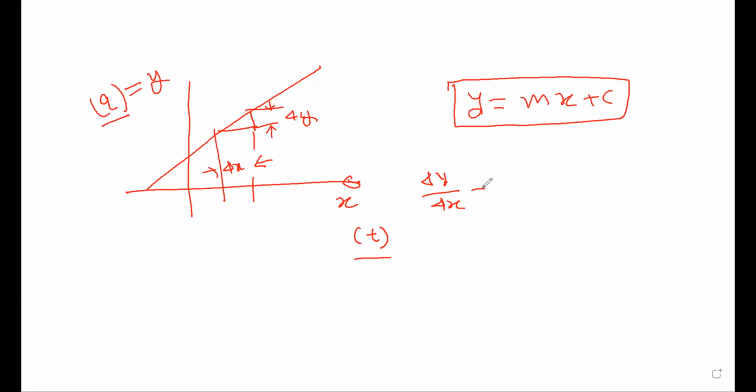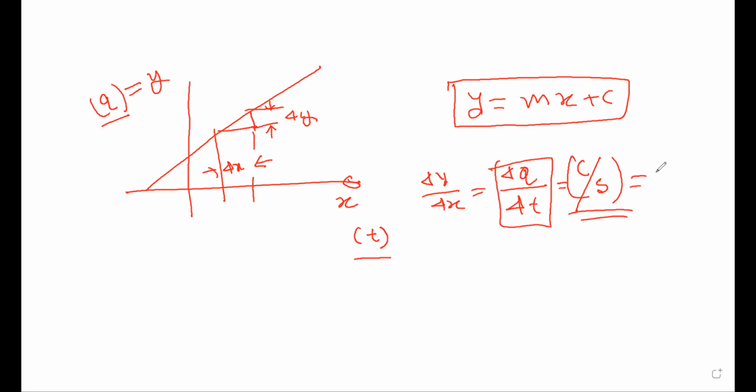Then this will be equal to del q by del t. What is it? Sir, current. And this is simply equal to charge, we can call it coulomb, divided by second, isn't it? Yes, sir. And that is the current I. And you see that that current is constant.